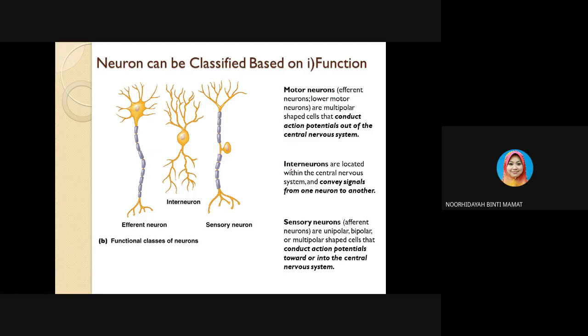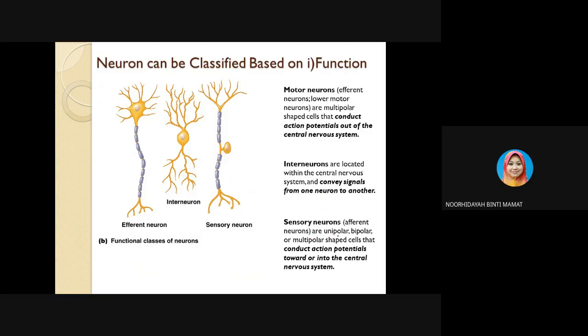The interneurons are located within the central nervous system, the CNS. The function of the interneuron is to convey the signal from one neuron to another neuron. Then, based on function, we have the sensory neurons, the afferent neurons.